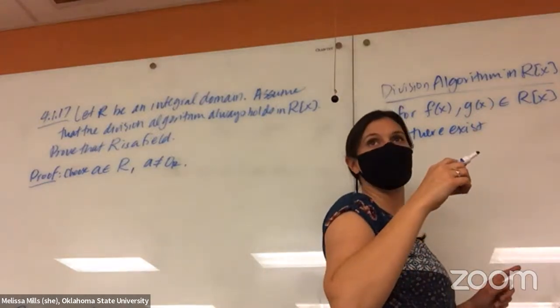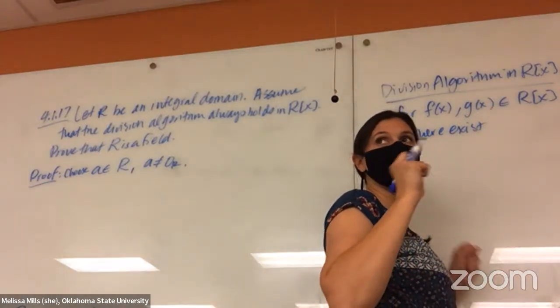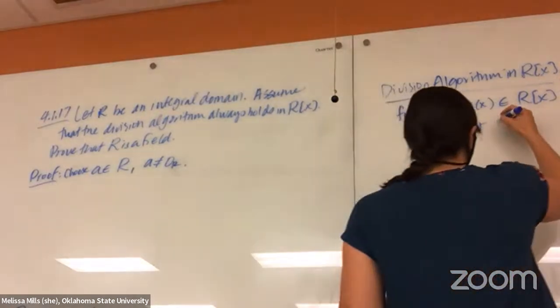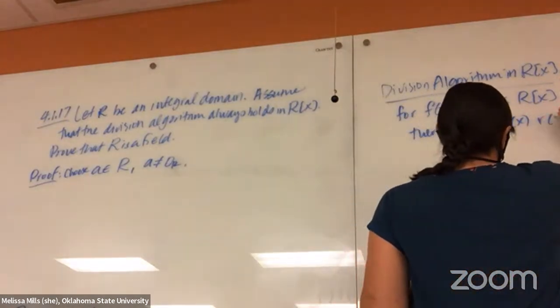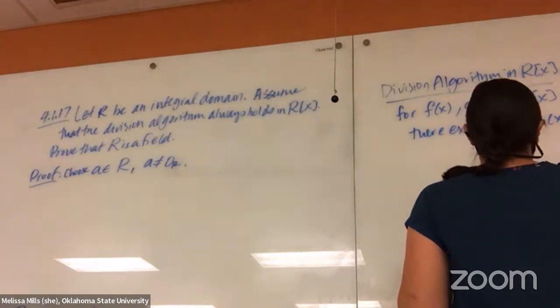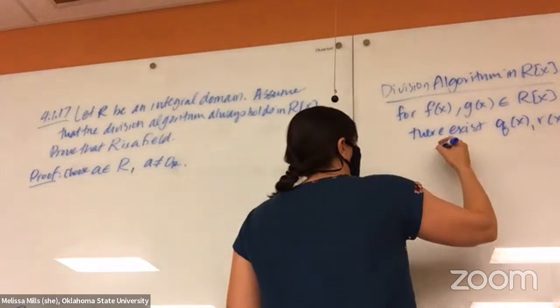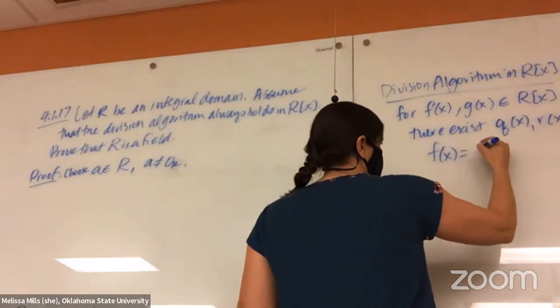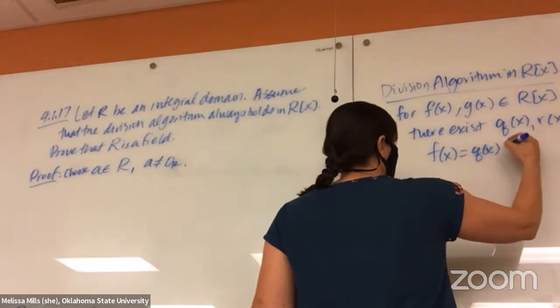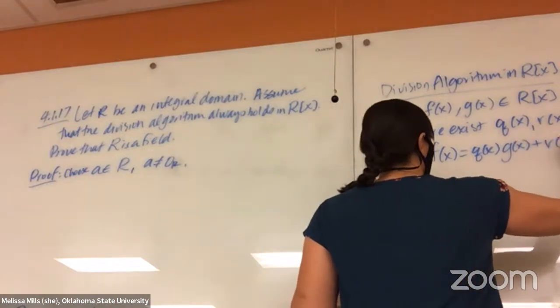There exists what? Division algorithm. q(x), r(x), yeah. Such that f(x) is q(x) g(x) plus r(x).